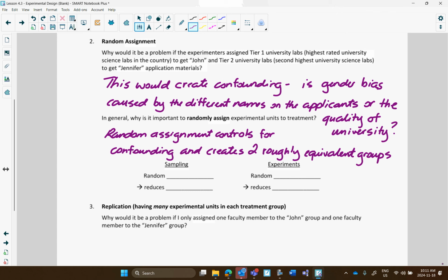Because then you're going to be creating two, not perfectly equivalent, but roughly equivalent groups. That's important. That's the purpose of random assignment. Okay, creates two roughly equivalent groups, or roughly equivalent groups if there's more than two.